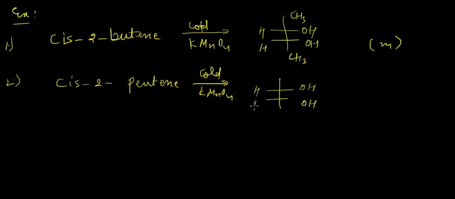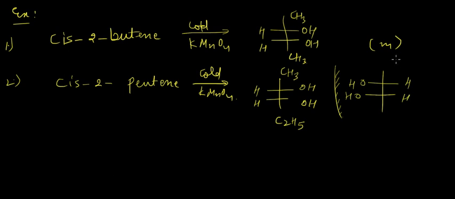One product can be this, with CH3 here and obviously C2H5 here, and if they attack below the plane, then in that case the two OH groups will be here. So it is the formation of a racemic mixture of enantiomers.